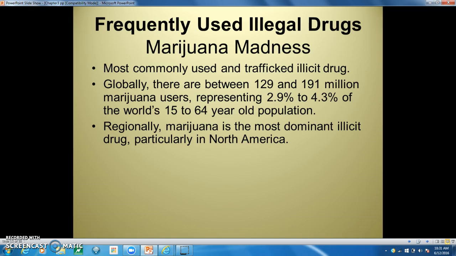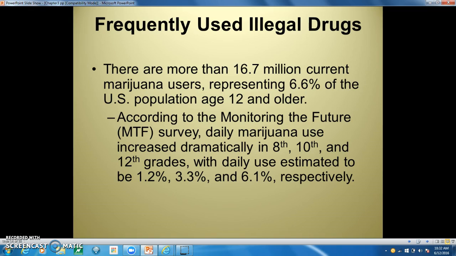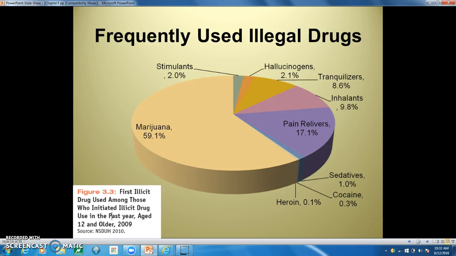Marijuana is the most commonly used and trafficked illicit drug in the world. 129 to 191 million people use marijuana worldwide, representing 2.9 to 4.3% of the adult population. And once again, marijuana is the most dominant illicit drug in North America.